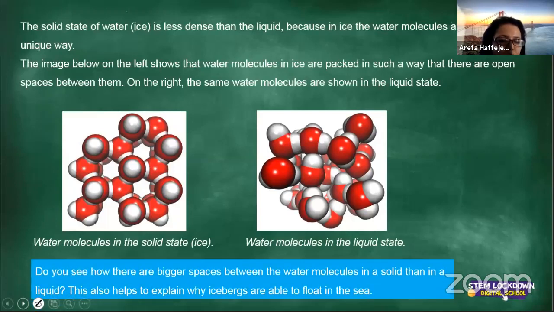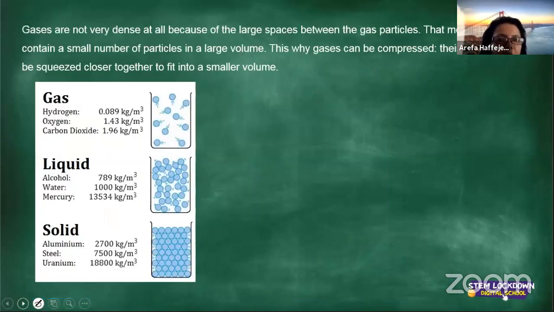It's in constant motion. Do you see that there are bigger spaces between the water molecules in a solid than in a liquid? This also explains why icebergs float in water. You know you have those huge icebergs and they float in water. This is the reason why it floats in water and doesn't sink.